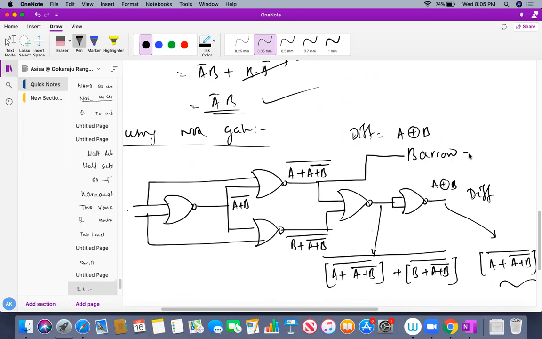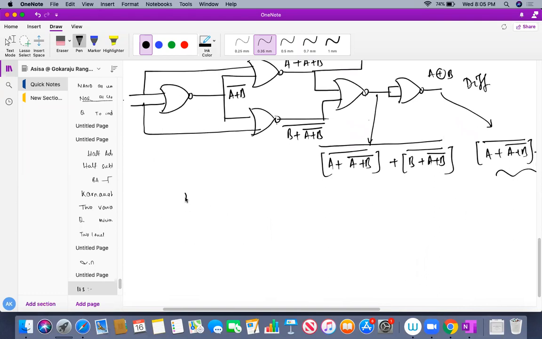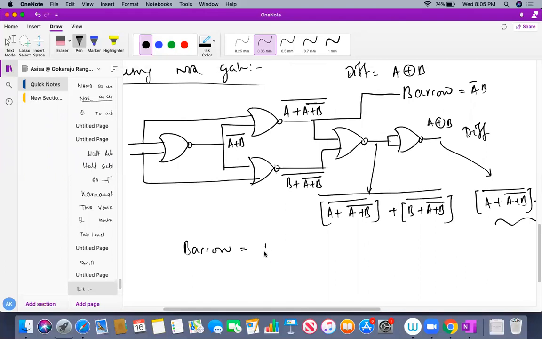Okay, so borrow will be A bar B. So if I can prove this one is A bar B, that is enough for me. So borrow is what? Borrow is nothing else but my A or B bars bar. Okay, so if I can prove that this is my A bar B, whatever the wire I have taken for the borrow is correct. Okay, so do you all understand?